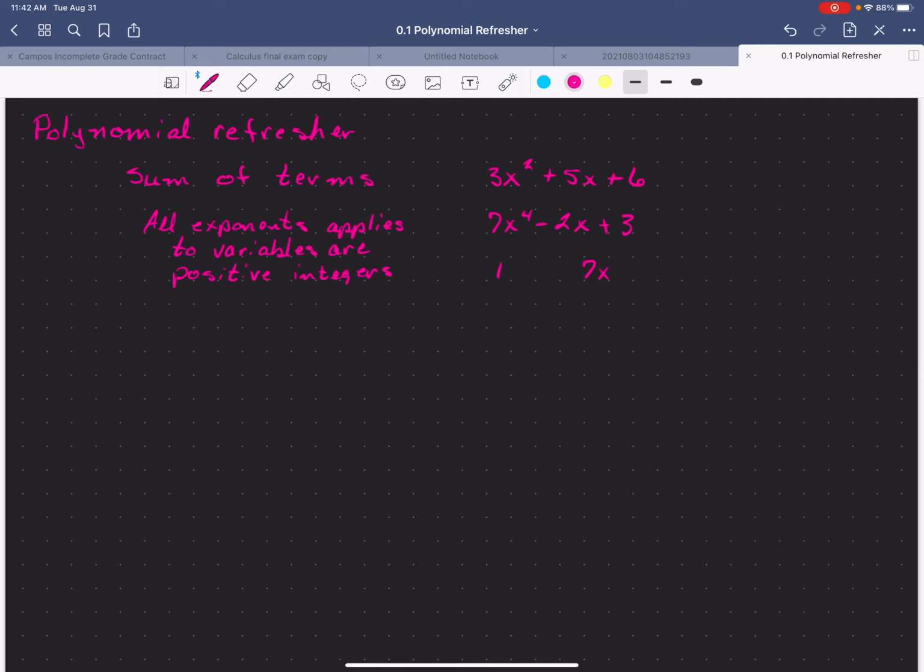Okay, so we don't have any variables in the denominators of fractions because that would require a negative exponent. So something like 3 over x plus 7x is not a polynomial. Whereas these are all polynomials.